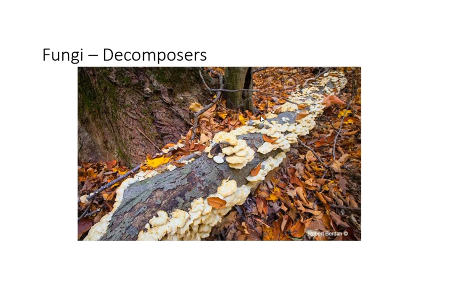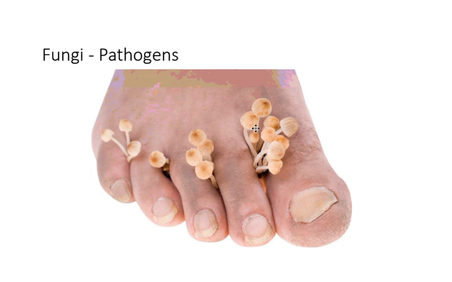Now, the ecological impact of fungi, of course, they're decomposers, which we mentioned. This tree has fallen in the woods, and without fungi, the tree would lay there indefinitely. But the fungi return those individual pieces of that organism back to the soil so they can be reabsorbed by other organisms. Some fungi are pathogens.